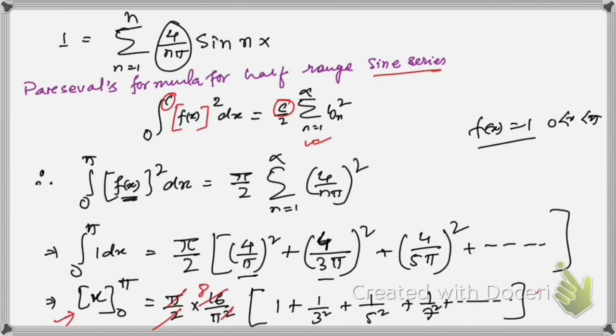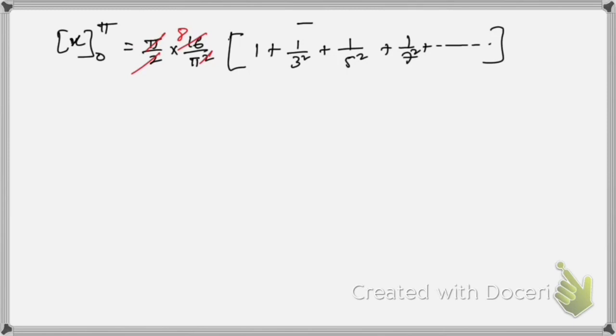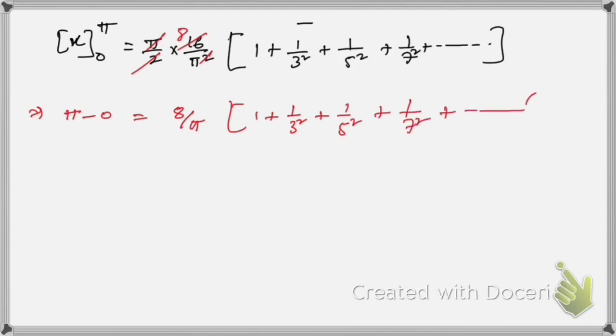So let me take this last step to the next slide. Let me copy this first and go to the next slide. This is a new slide, and here is the last step we have got. Putting the upper and lower limits, we will get pi minus 0 here, equal to 8 by pi times 1 plus 1 by 3 square plus 1 by 5 square plus 1 by 7 square plus dot dot dot, and so on.